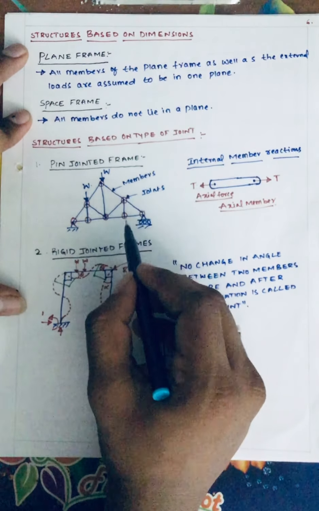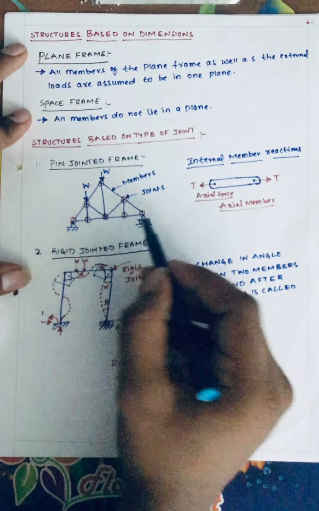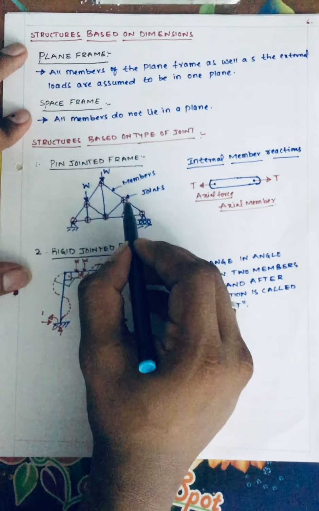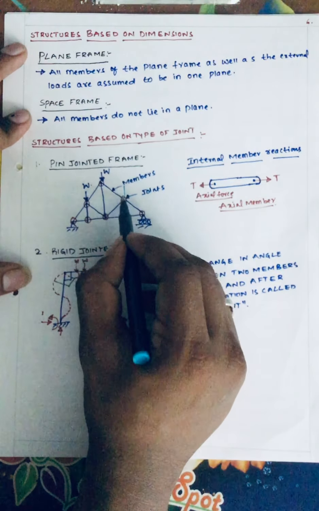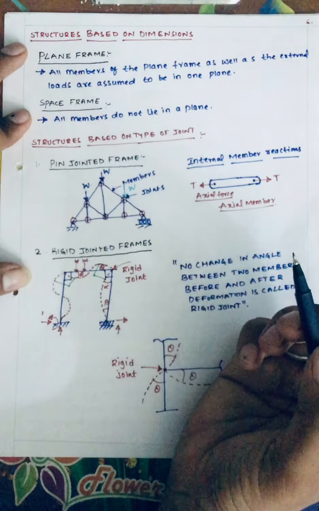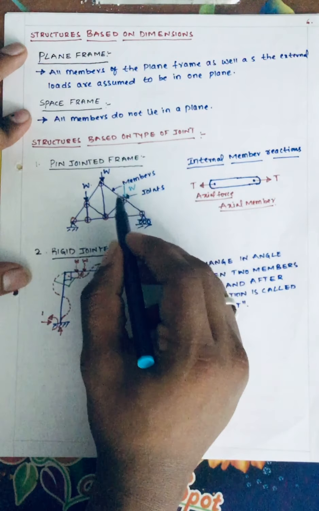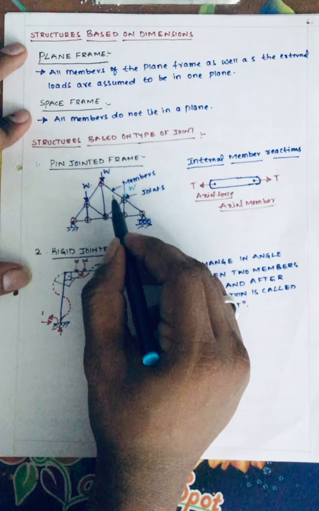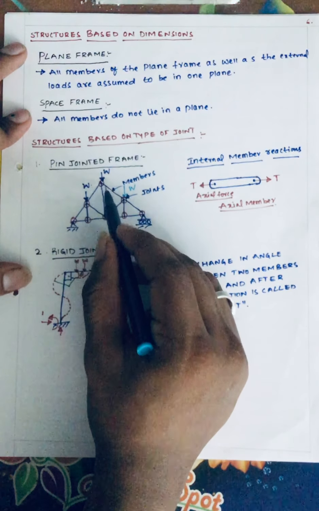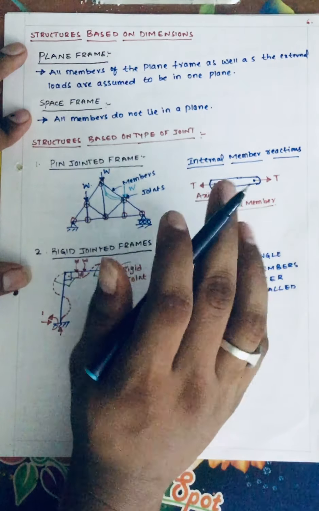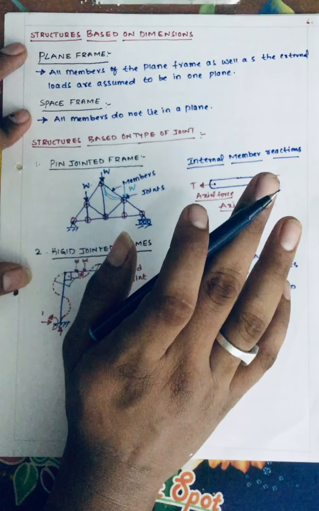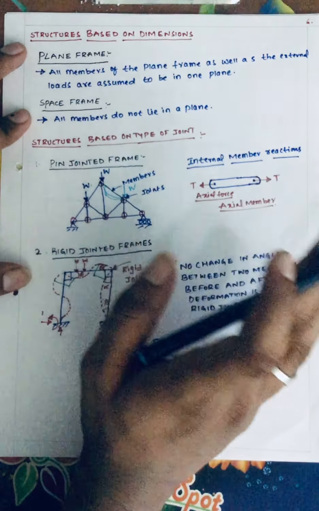Okay, so in the pin jointed frames, it is assumed that all the loads must act only upon the joints. Why are we applying loads only on joints, and why not on members? If you apply them on the members, this member is going to deflect. This member is going to bend, which is not desirable for our analytical purposes and also for practical purposes.